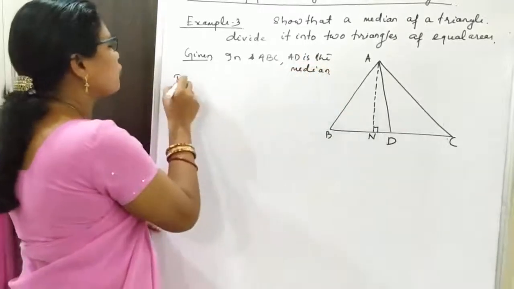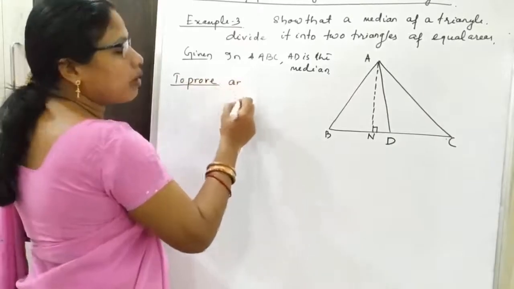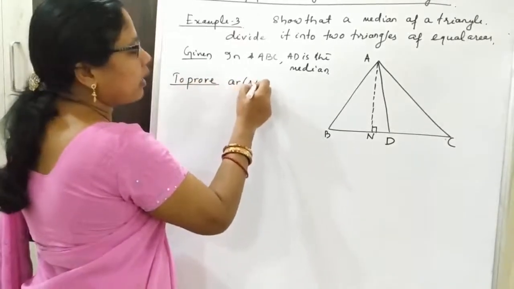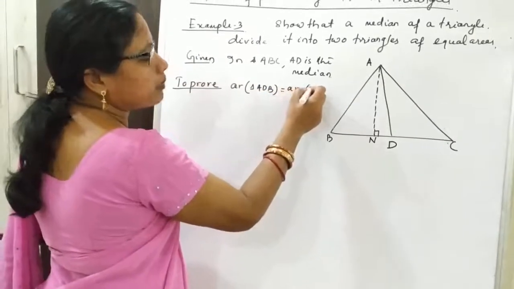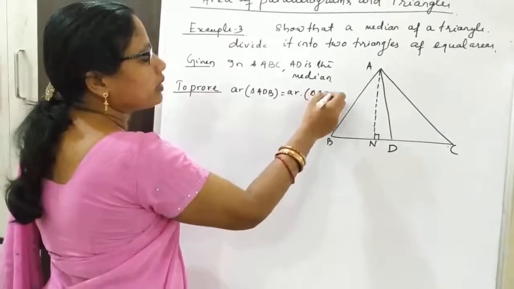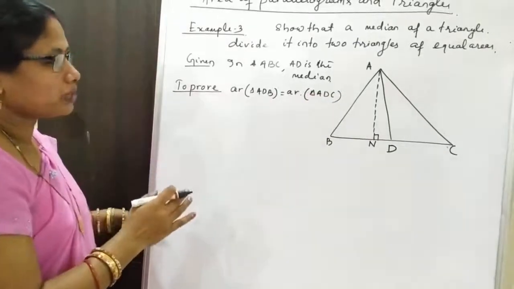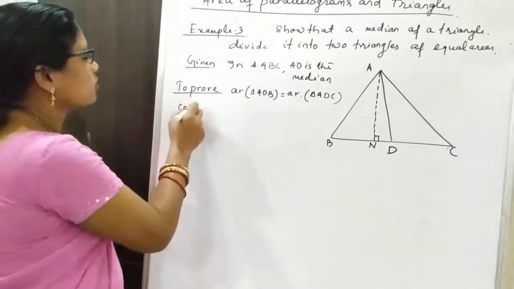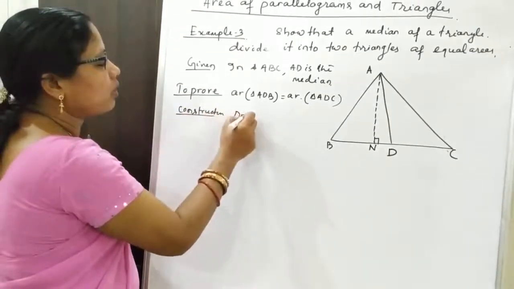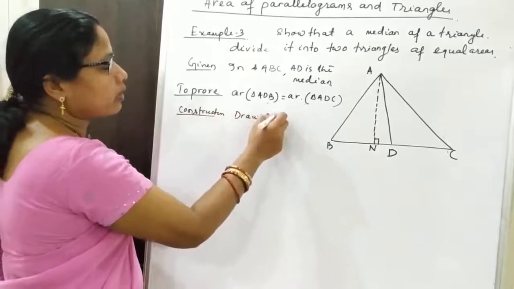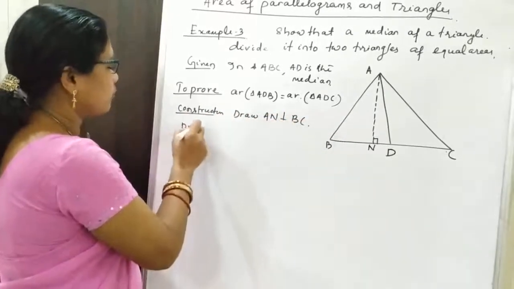We have to prove area of triangle ADB is equal to area of triangle ADC. To prove this, we have to construct. So construction: draw AN perpendicular to BC.